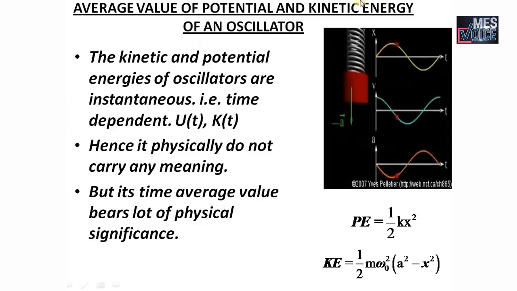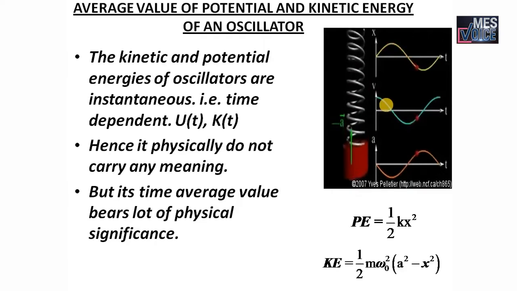Why do we take a complete period? In a complete period, the oscillator completes one cycle, so then we will take a time average. At different time instants, the values of kinetic and potential energy are different, as you can see from the graph. When you take the average, you get a physically meaningful value, and that is of course measurable also.